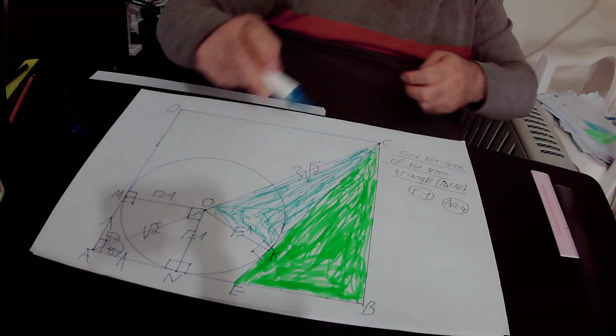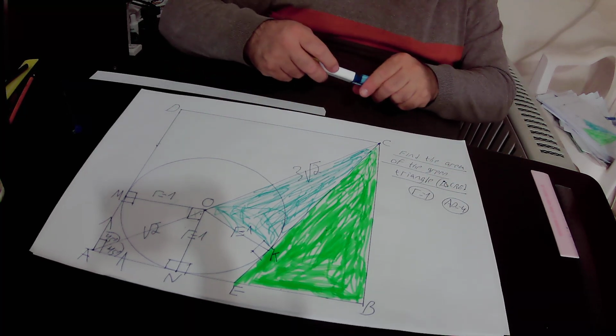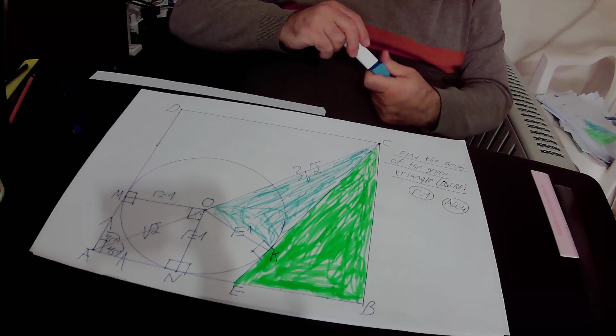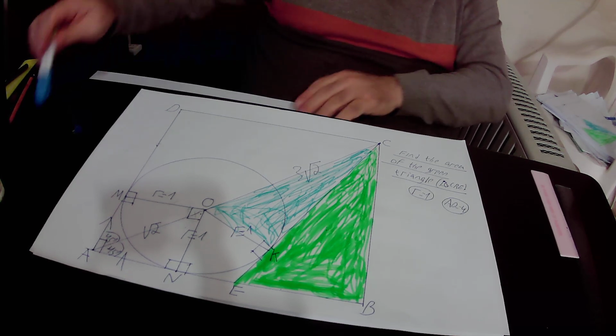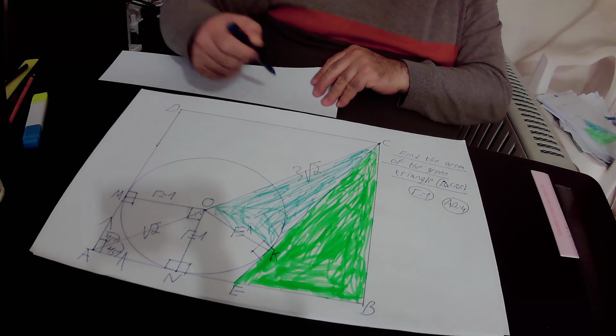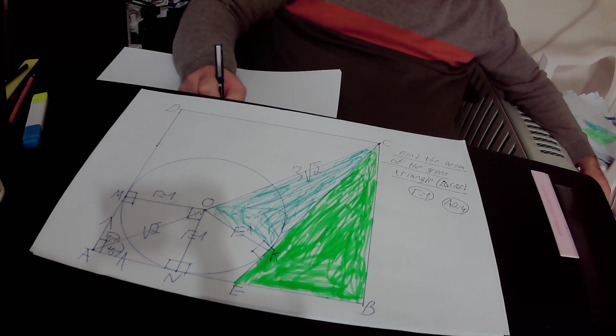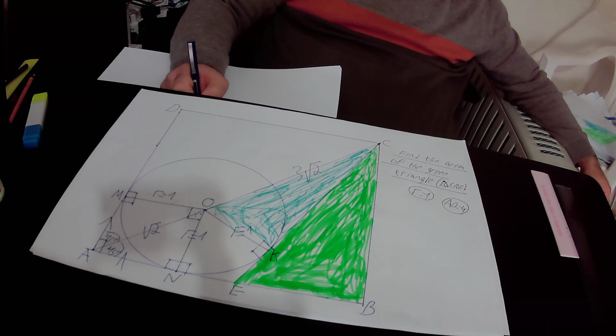So on this right blue triangle, triangle COK, according to the Pythagoras theorem, the square of the hypotenuse equals the sum of the squares of the perpendiculars.